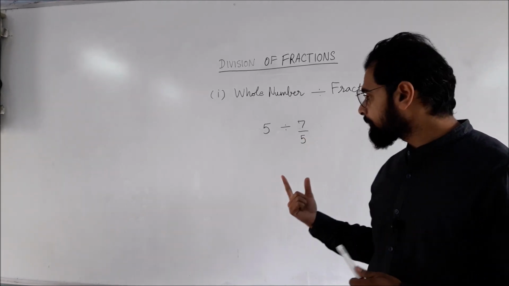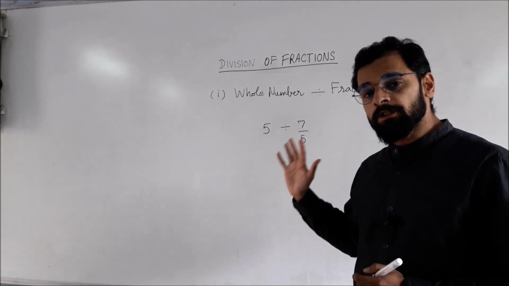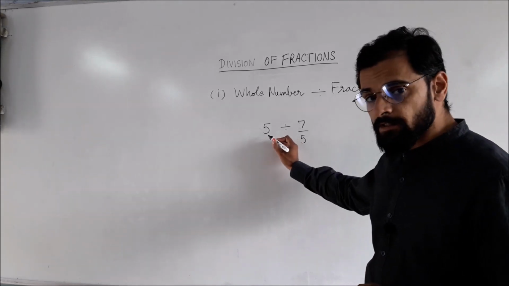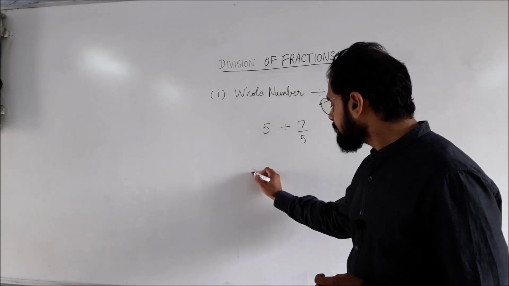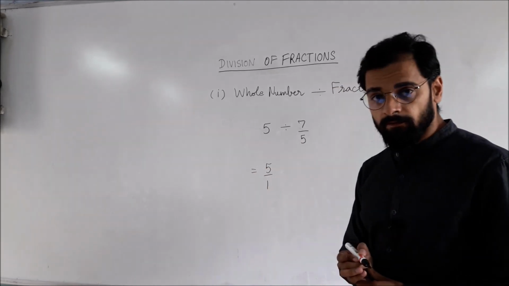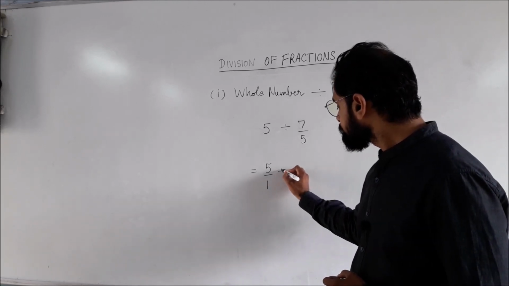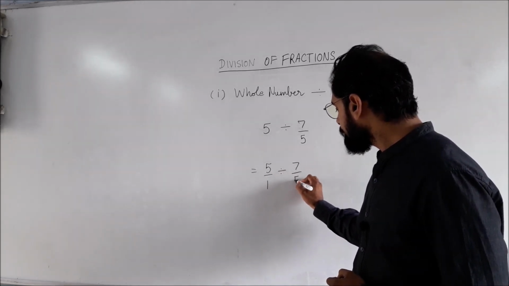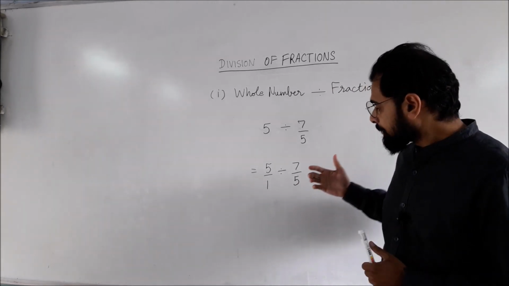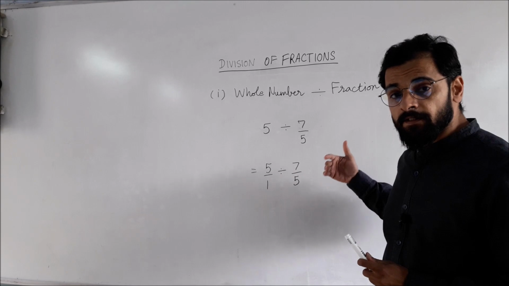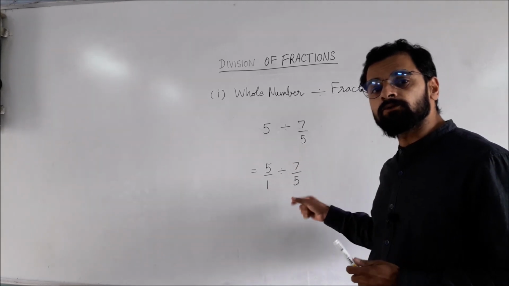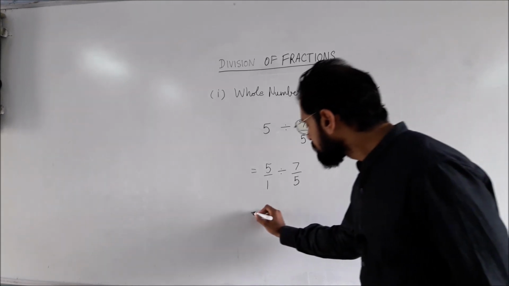My first step will be to change both the numbers to their fractional forms. Here 5 is a whole number. It will be written in fractional form as 5/1. 7/5 is already in fractional form, so no need to change it. Now our division process starts. Division process means changing this division problem to a multiplication problem only.